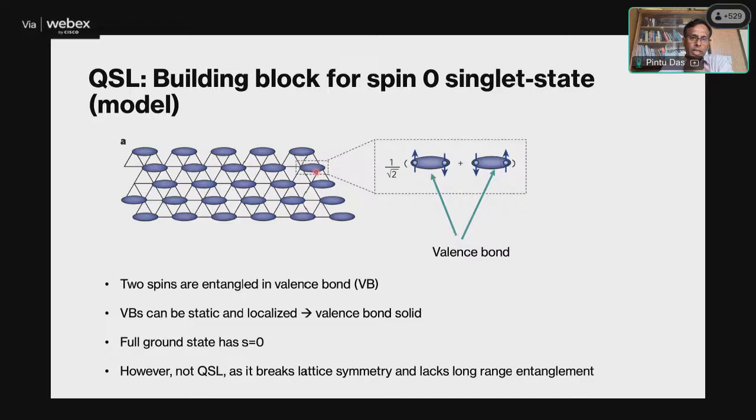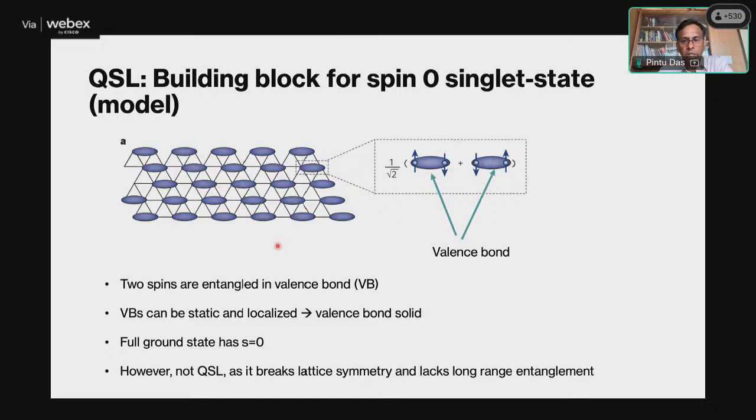So this can be localized, and these are static. So although the ground state has spin 0, S equal to 0, a spin singlet state, this is a concept, but this doesn't lead to a quantum spin liquid, because the system is static at absolute 0 temperature. The other issue is that it breaks lattice symmetry, because you see a certain pattern in this.